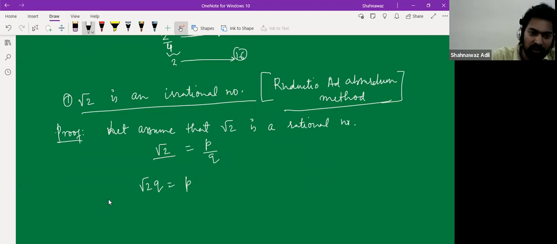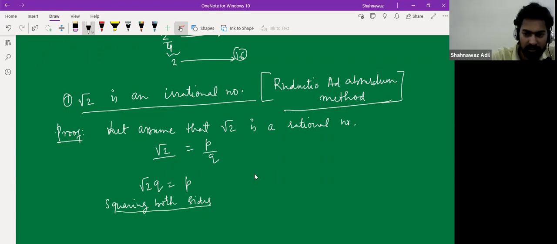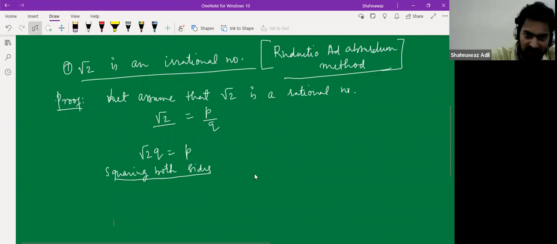Now we square both sides. When we square both sides, what we get is 2q square equals p square.